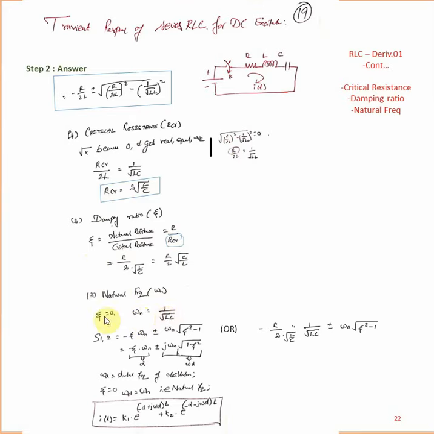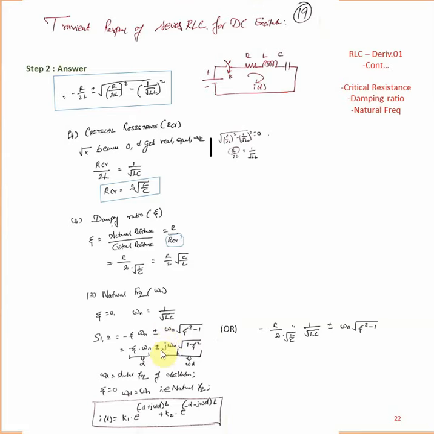So these terms you replace under this, then you get minus epsilon into omega n plus or minus omega n into root of epsilon squared minus 1. This is epsilon squared minus 1, so change the sign: 1 minus epsilon squared, so the minus comes outside and is replaced by j.